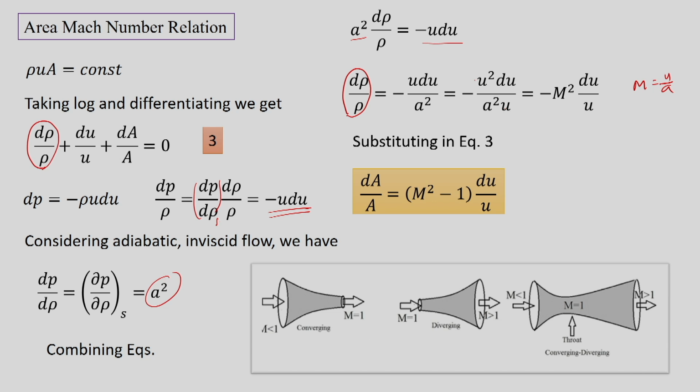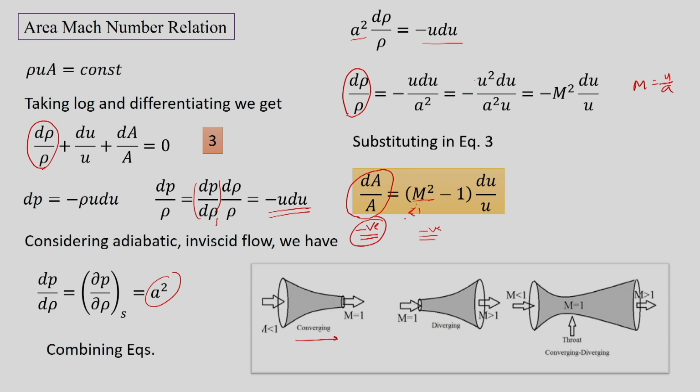So we have three things at our disposal. First is this dA by A, the area geometry variation. Now let us consider a converging section where dA by A is a negative term. If this is negative, the right hand side should also be negative. So for that, let us consider the Mach number to be less than 1.